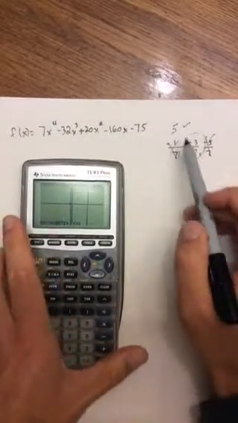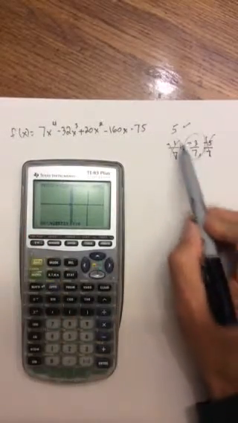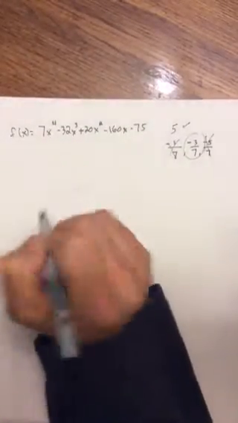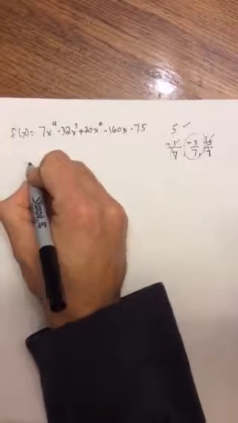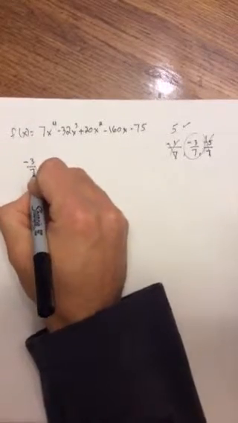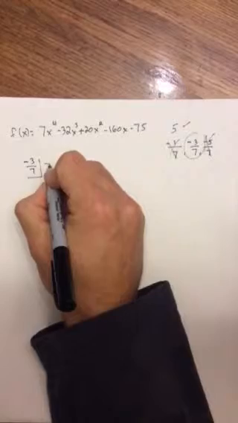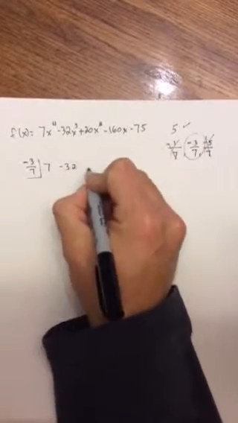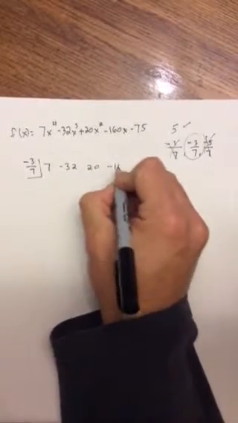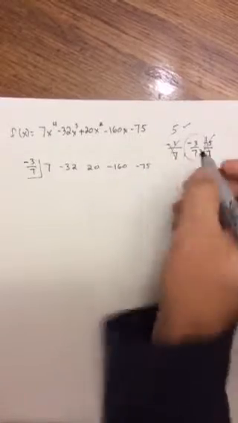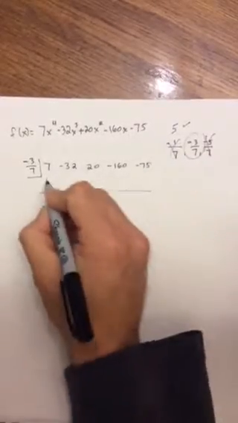So now, if we think about it, we've got 2 of them. So we can get this down to a quadratic if we hope, okay? So first off, let's go ahead and put -3/7 on the shelf real quick. We've got 7, -32, 20, -160, and -75, okay?